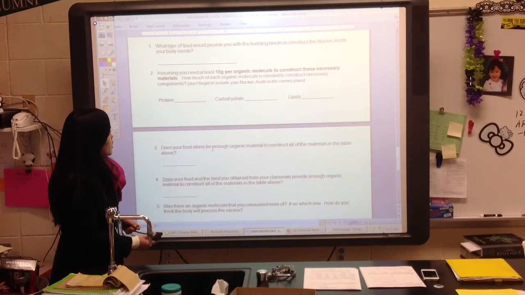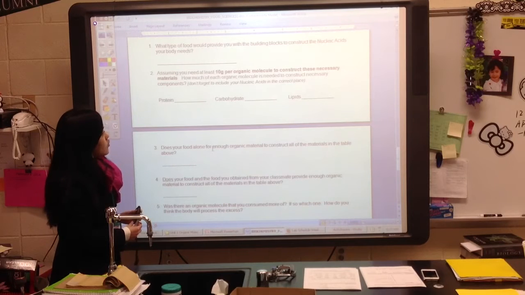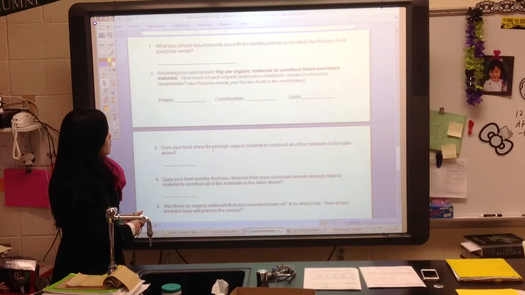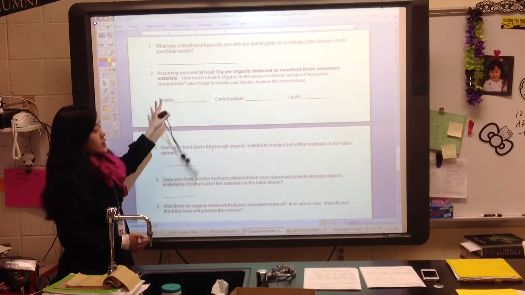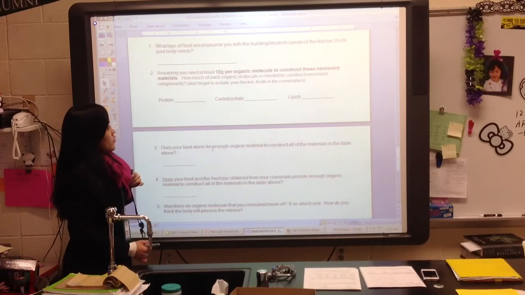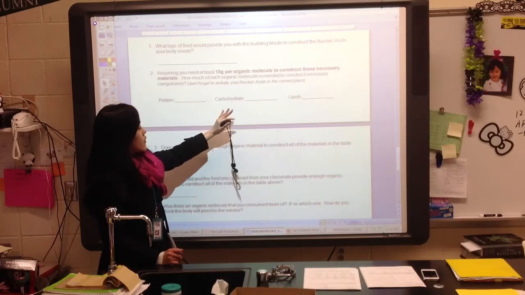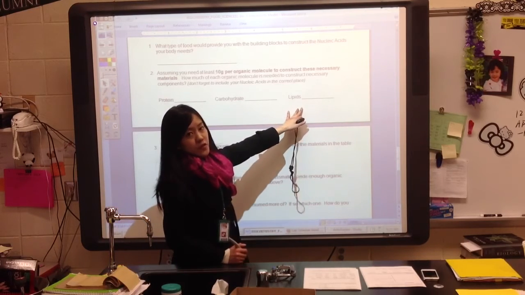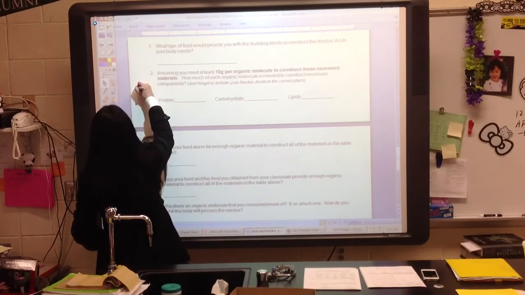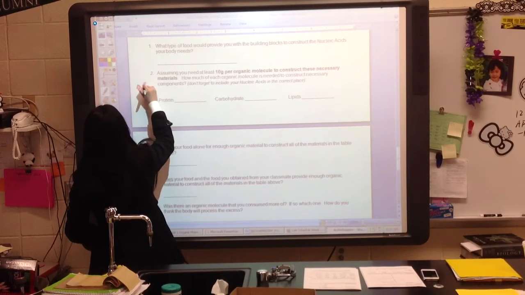So what you want to do here is think about, if you get 10 grams per organic molecule, you actually want to relate this question to how much is in your food. So does your food have enough protein? Does your food have enough carbohydrate? Does your food have enough lipids in it? So relate this back to your food.